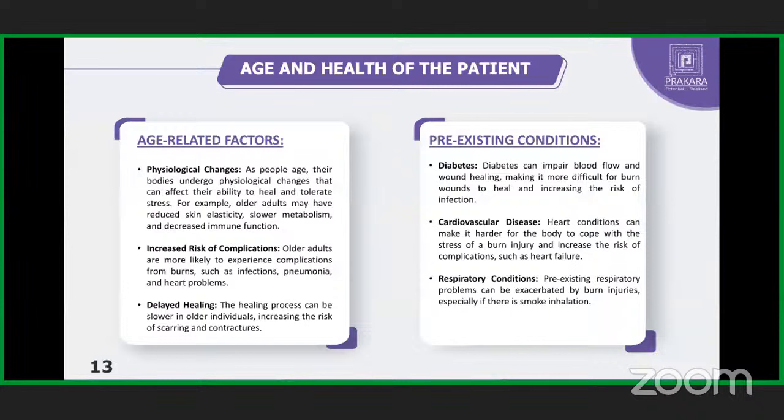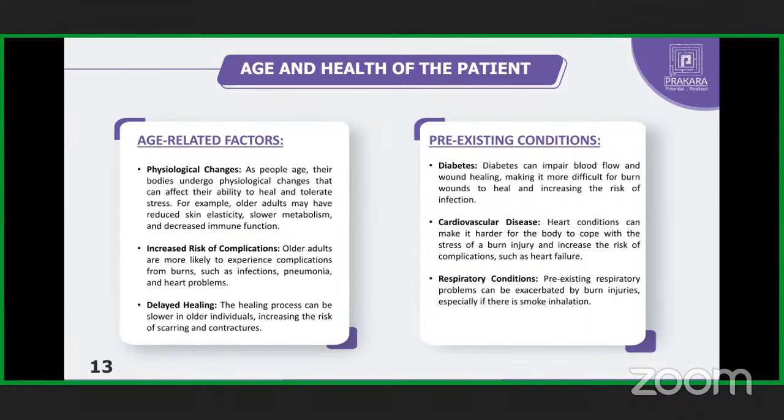Right. Age and health of the patient. Similar to any other disease, age is a factor because in young age, they have an early response, they have good immunity, so they react fast. The wound will heal sooner in young people. So, age-related physiological changes. As people age, their bodies undergo physiological changes that can affect their ability to heal and tolerate stress.